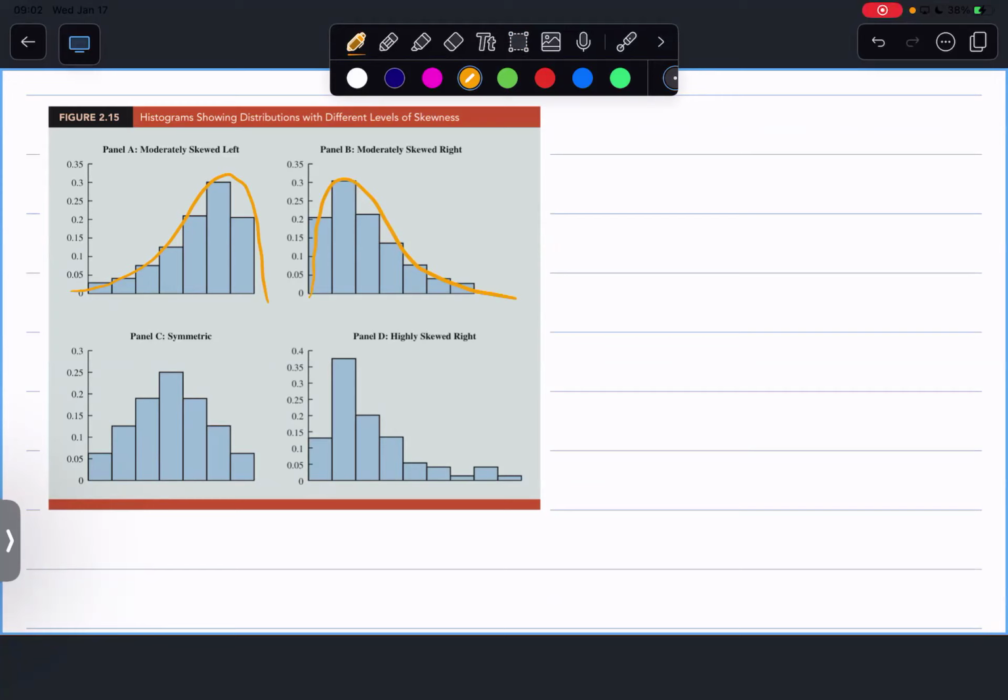Now, the key is to identify which direction the tail is going in, right? Because the skew is in the direction of the tail. Okay? And so the skew of a distribution is in the direction of the tail.